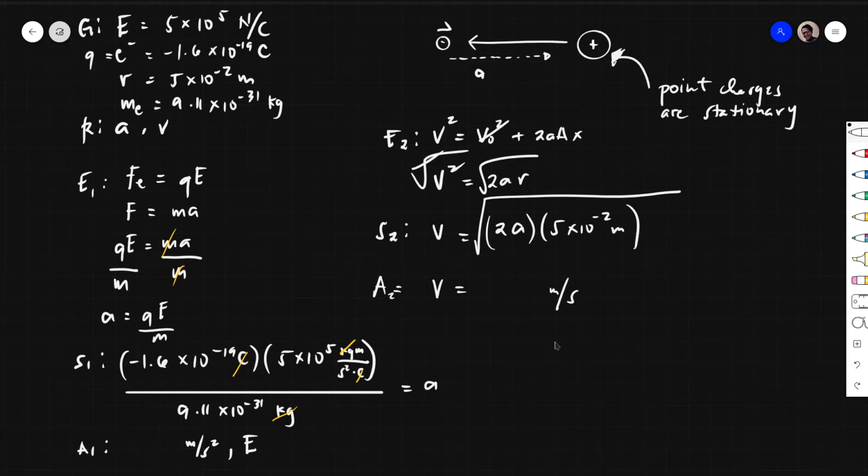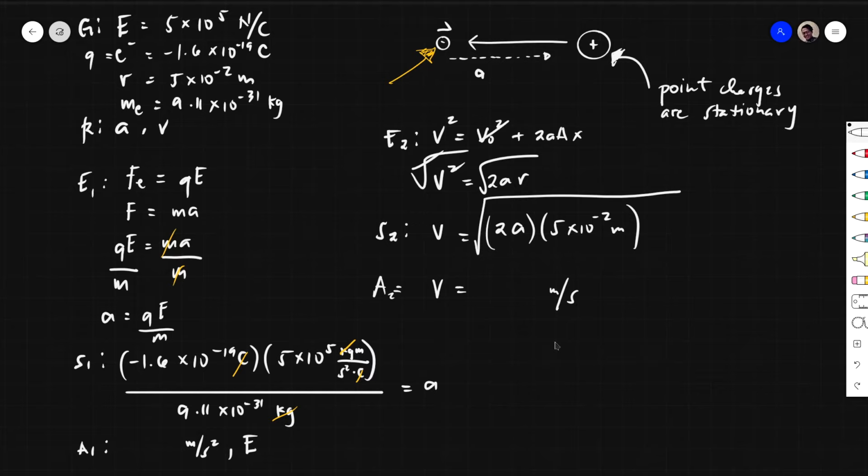In this particular problem, the electron here. So we're going to assume that the point charge is stationary. That means our electron is the one that will be moving towards our point charge.